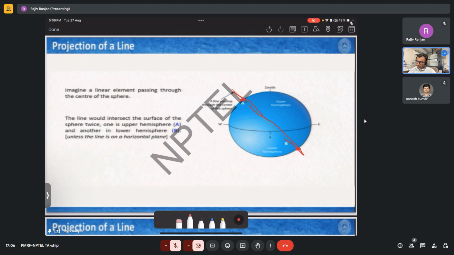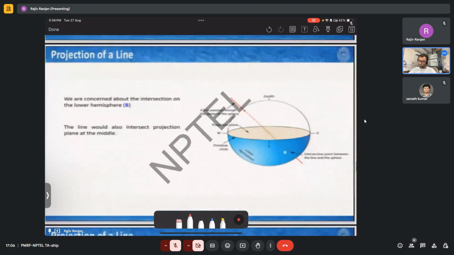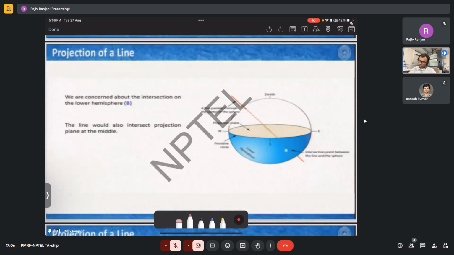If you see here, we have point B and point A. So you can imagine that when you pass a line through a sphere, it will cut on two sides of the sphere, in a diametrically opposite way. Now we remove the top surface.